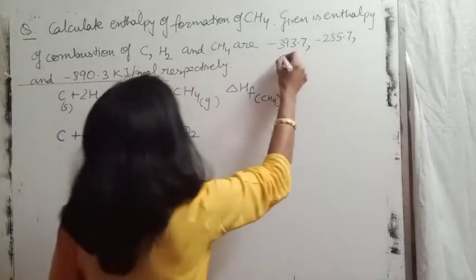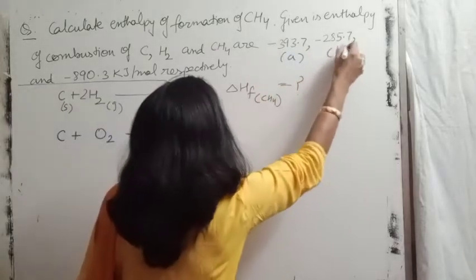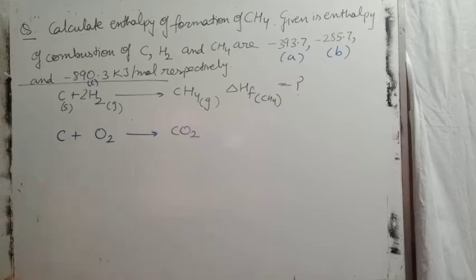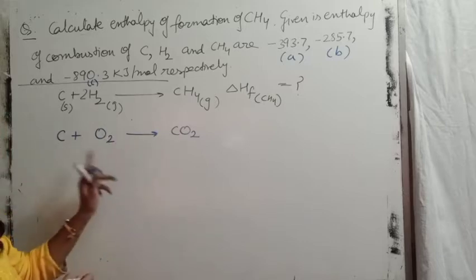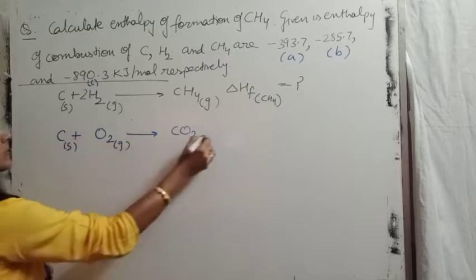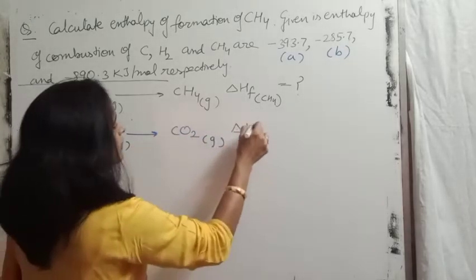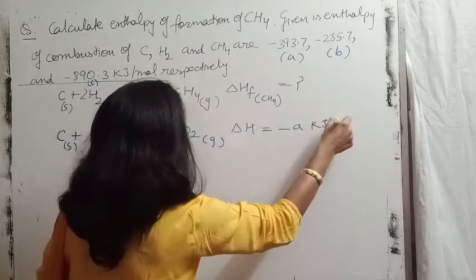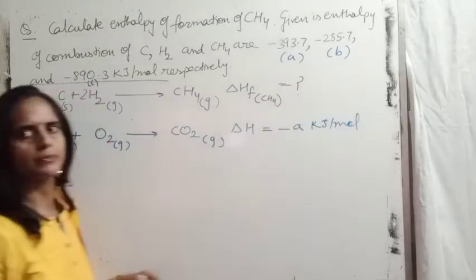Again I am taking the enthalpies as A, B and C. Then you will substitute the values from there. So C plus O2 gives CO2, already balanced. Physical states. And then take the value of delta H, that is minus A kilojoule per mole.